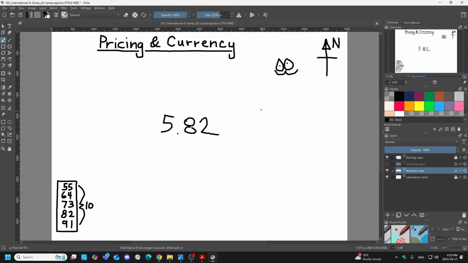Tenths is here. This 2 is less than 5. Therefore, no rounding. So our answer is going to be 5.8. There we go. That's the answer.